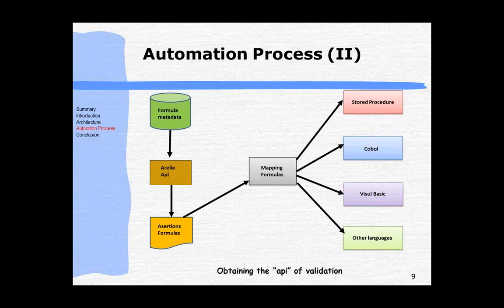With a process of mapping, we create a stored procedure, really a set of stored procedures. In the future, stored procedures, but why not in COBOL, in Visual Basic, or another language, and put it in .NET or Java?